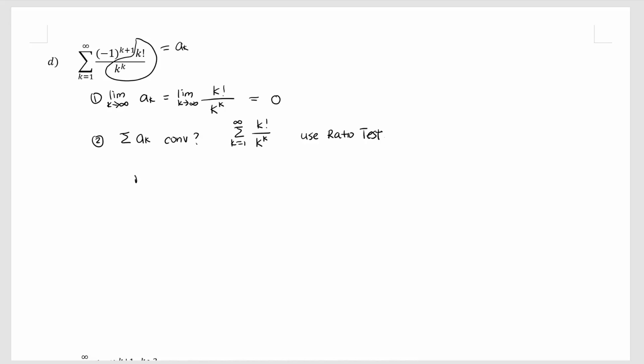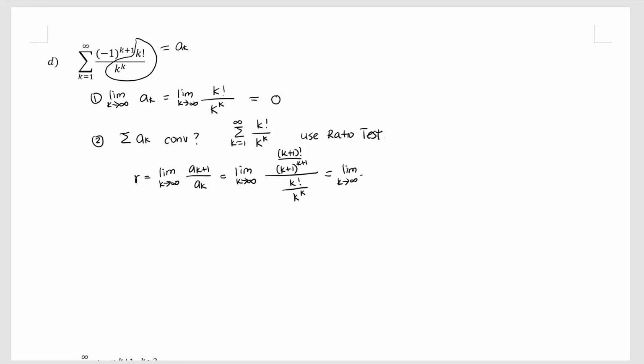What is the ratio test? We compute R, the limit of a sub k plus 1 over a sub k. Here our a sub k's are positive, so we don't need the absolute value. We replace k by k plus 1, so this is k plus 1 to the k plus 1, and the denominator is the same thing as before.